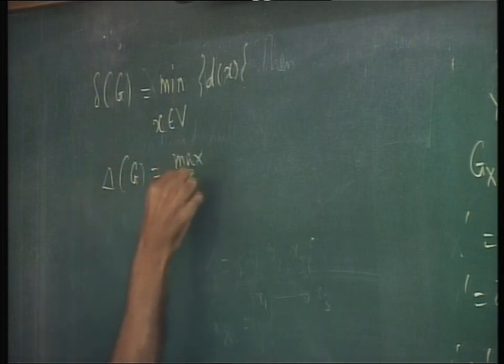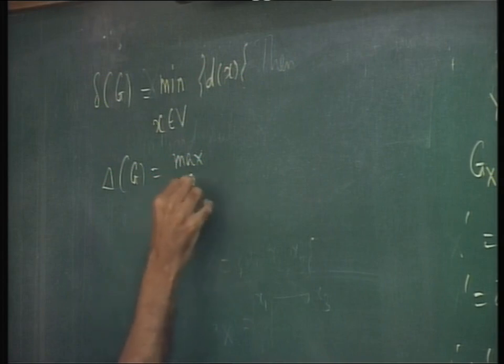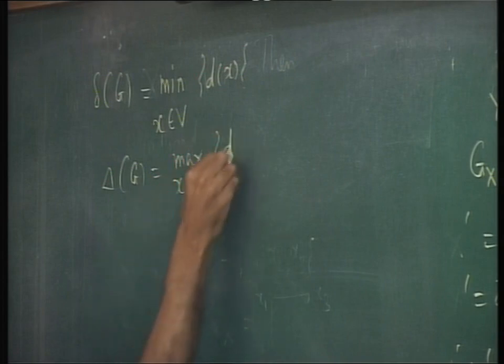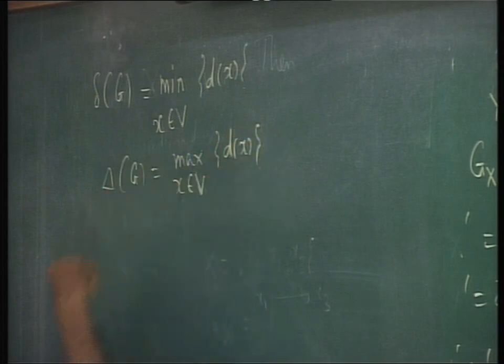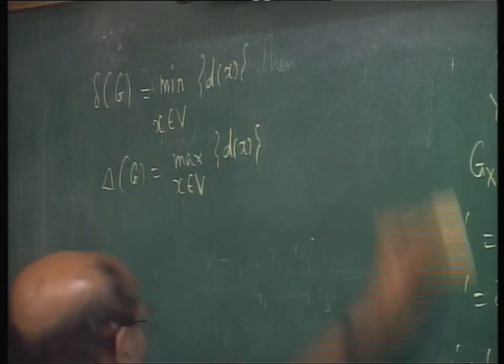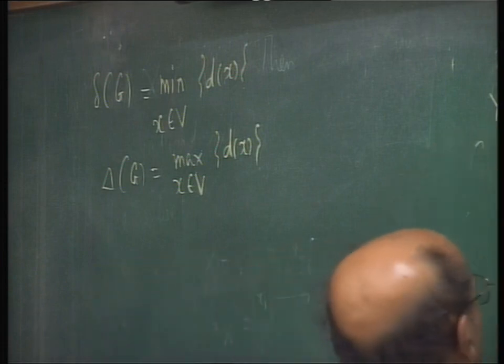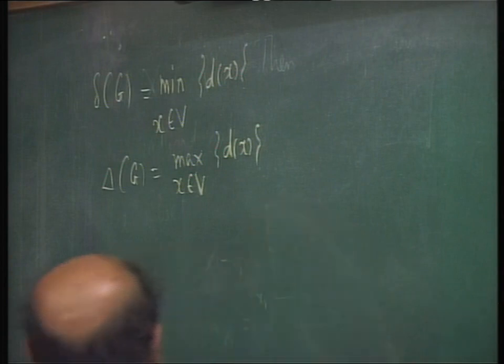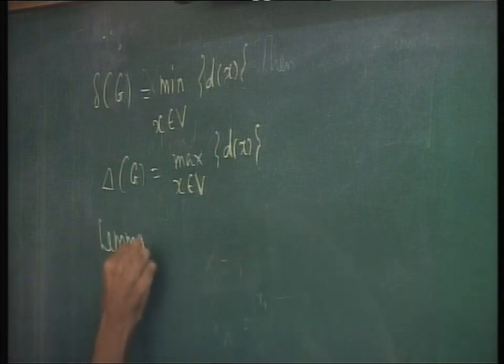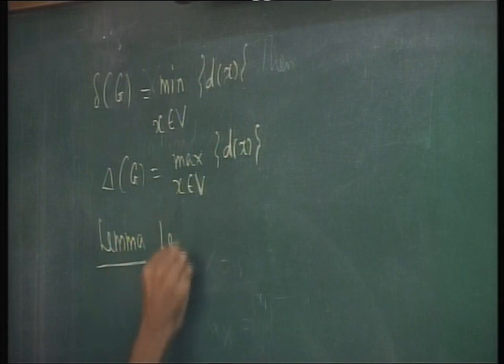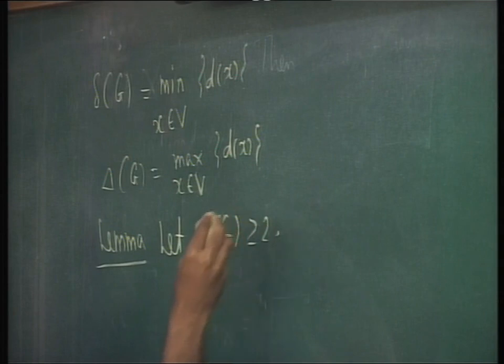Max. Largest degree. Smallest degree, largest degree. Lemma. Then G has a cycle.